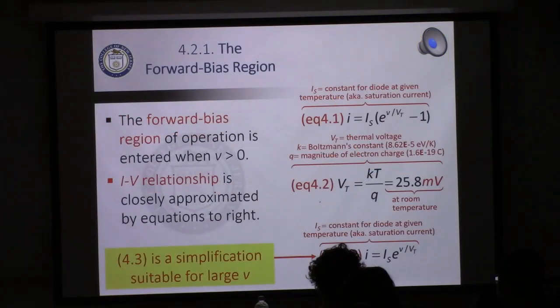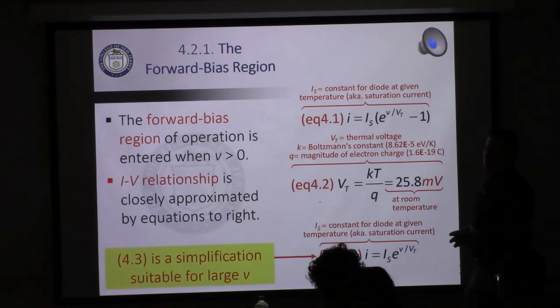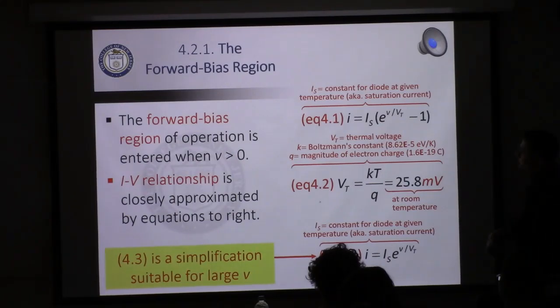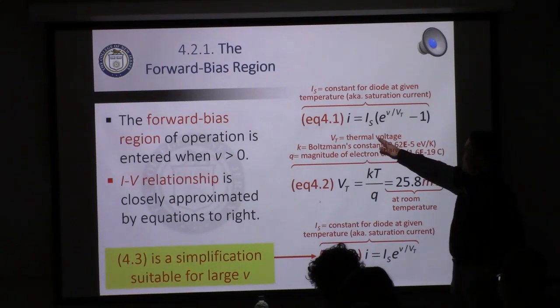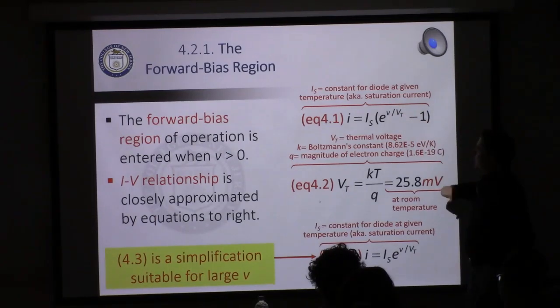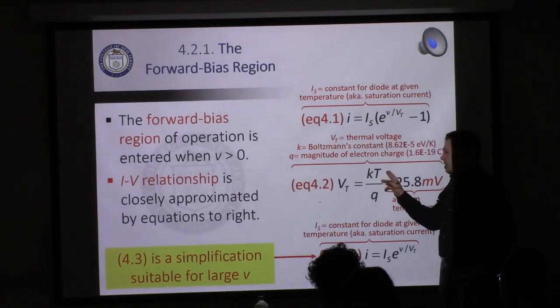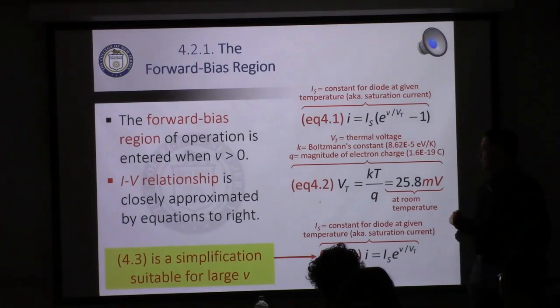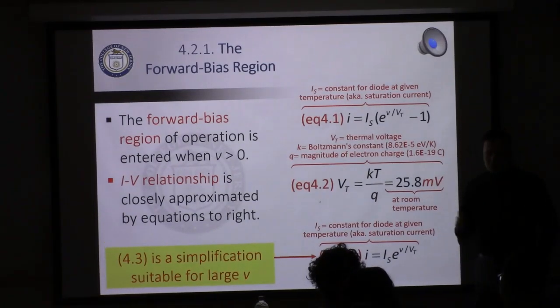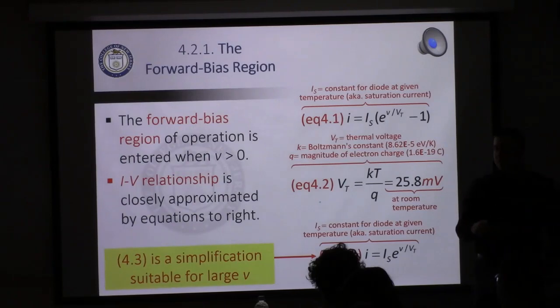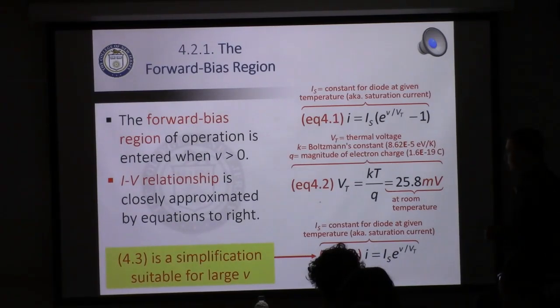All right, so equation 4.1, restatement from what we've already seen from the end of Chapter 3, the exponential model for the diode's behavior. I equals Is e to the V over Vt minus 1. The thermal voltage is defined as kT over q, 25.8 millivolts at room temperature. Certain problems will also use 25.9 millivolts.